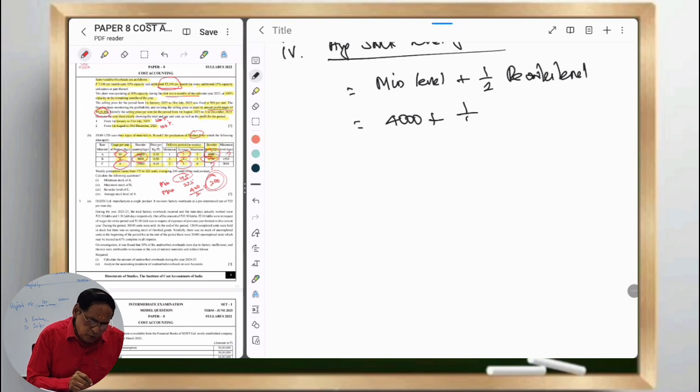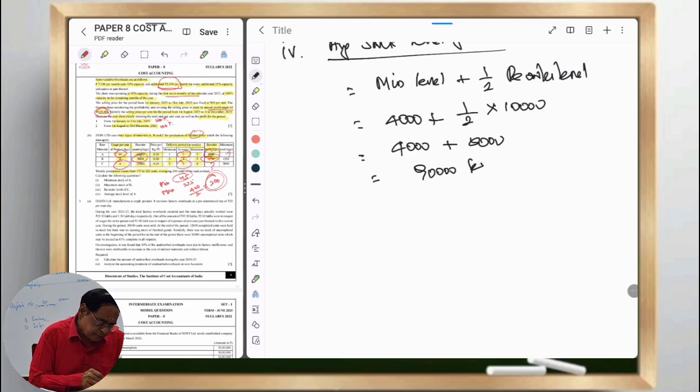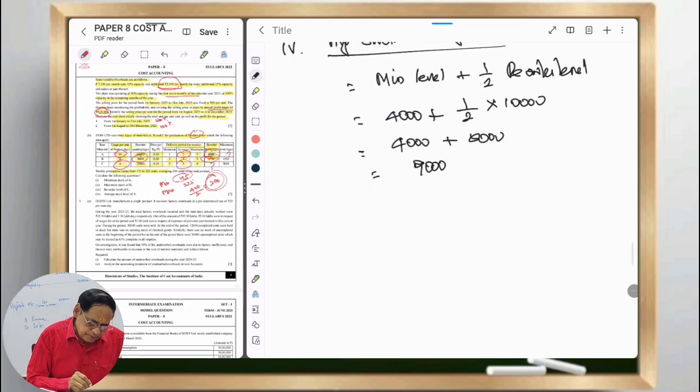So 1 by 2 into 10,000. So 4,000 plus 1 by 2 into 10,000, that is 5,000. So the answer is 9,000 kg is the correct answer.